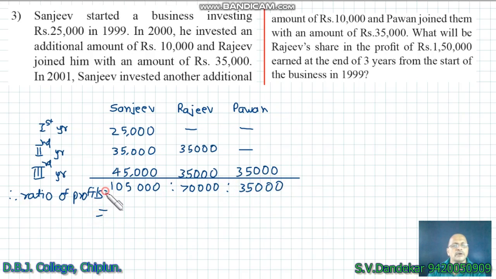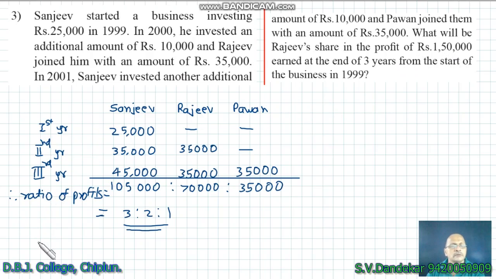Divide by 35,000, 3s are, 2s are, 1s are, and therefore ratio of their profits is 3:2:1.